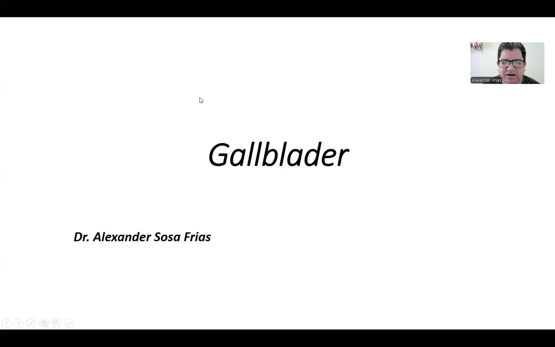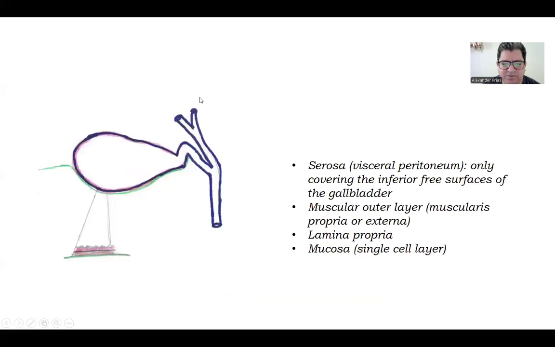Okay, and the last layer, a very important one, is the peritoneal layer. The peritoneal layer covers the organ on the inferior surface, and it's very important because it's like the skin covering the internal surface of the abdominal cavity.